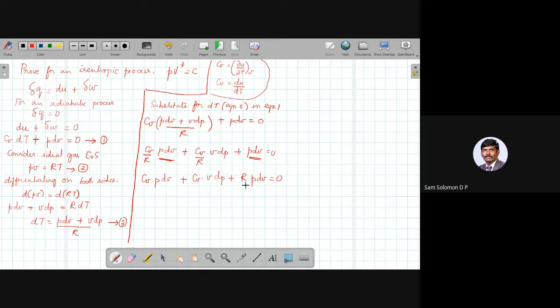And now what I can do is replace this R with Cp minus Cv. We know that R is Cp minus Cv. So let me substitute that Cp minus Cv over here. Let me see what I get. Cv times PdV plus Cv times VdP plus (Cp minus Cv) times PdV, and that is equal to 0.